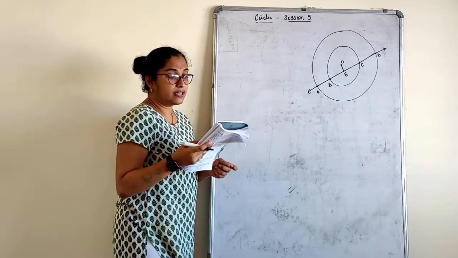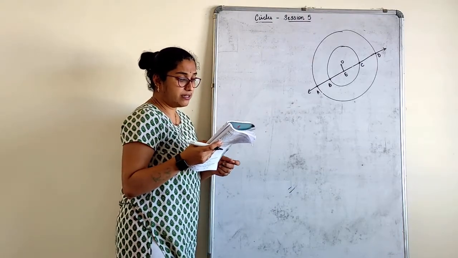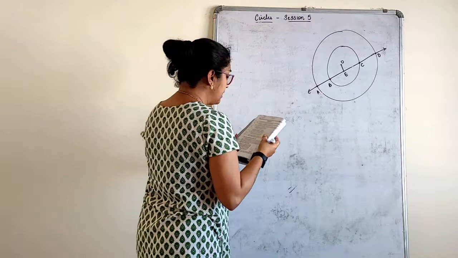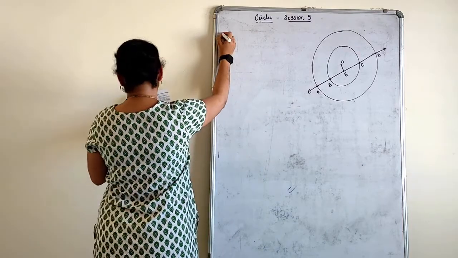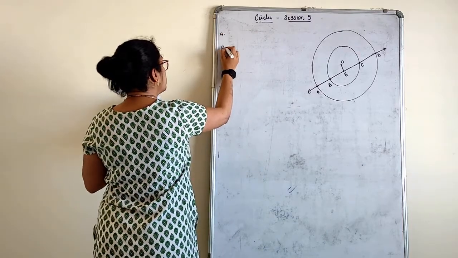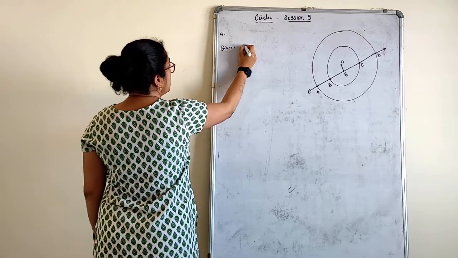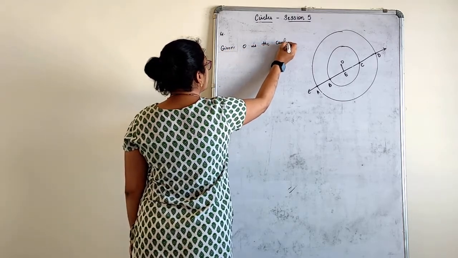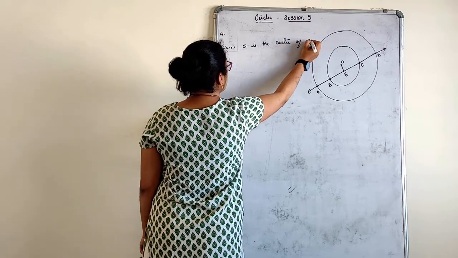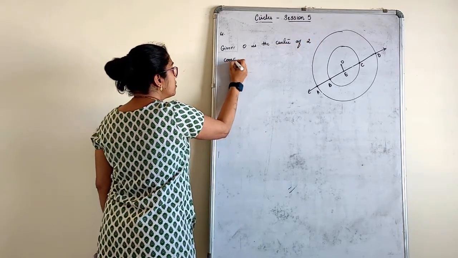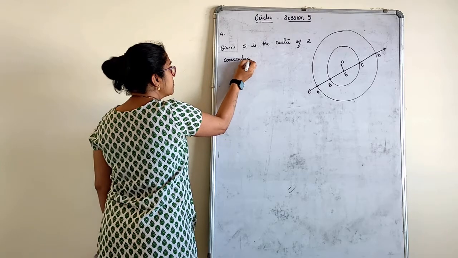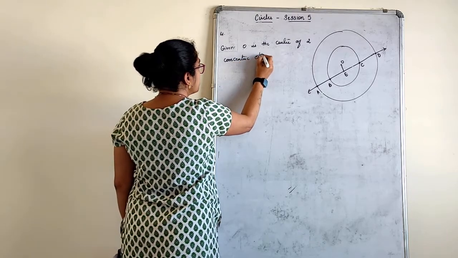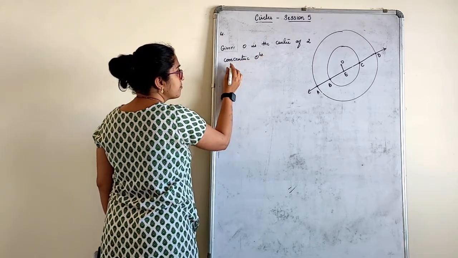If a line intersects two concentric circles with the same center, prove that AB is equal to CD. Given: O is the center of two concentric circles.